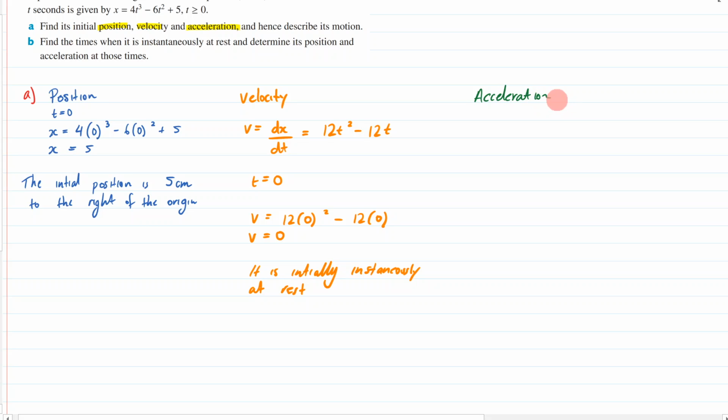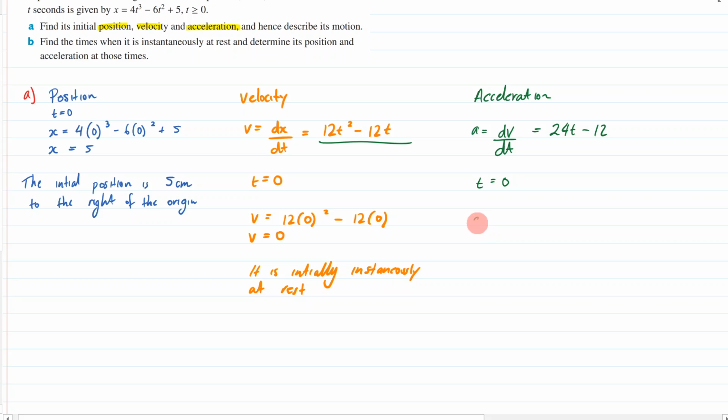Now, remember that your acceleration is your change in velocity with respect to time. And what you have to do here is actually go dv/dt. So you differentiate your velocity to find your acceleration. So this one's going to be 24t minus 12. Then I go t is equal to 0 to find what the acceleration is initially.